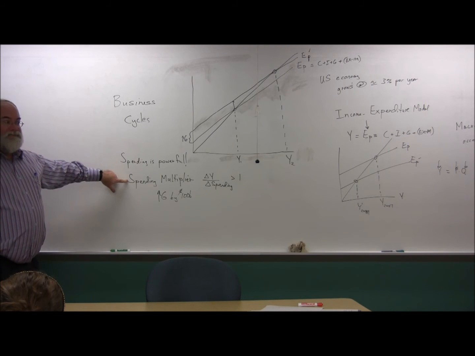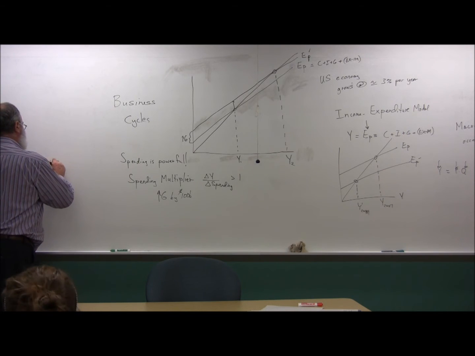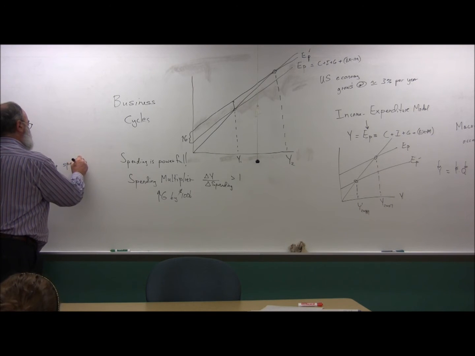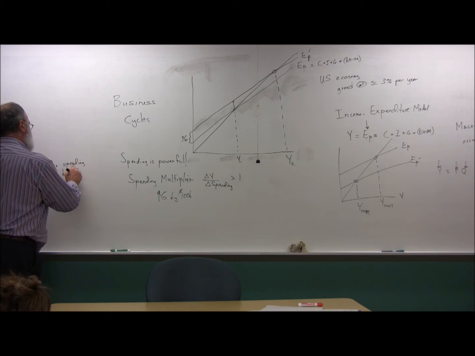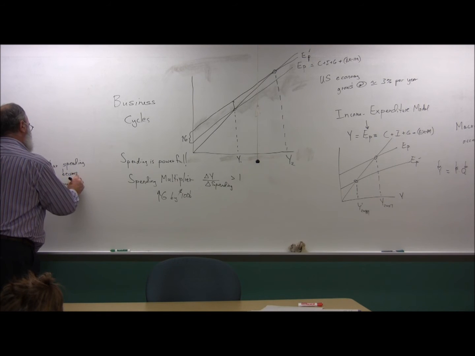This is a footnote. Okay, the way to understand the multiplier is to remember that your spending becomes someone else's income.